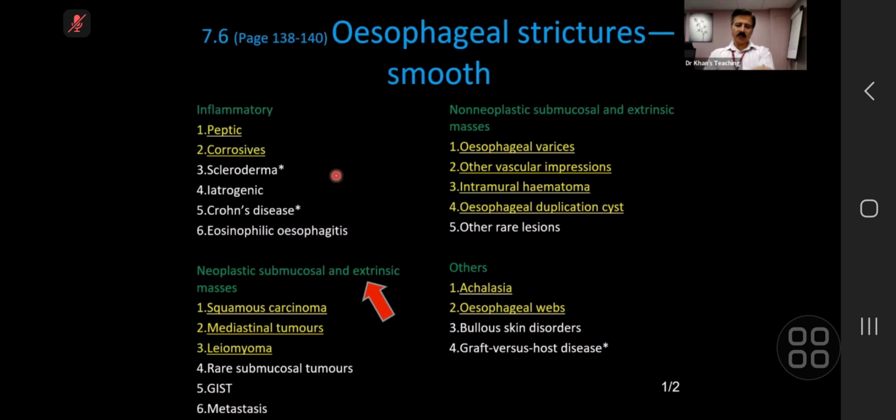So now, can I ask you, is this appearance for a benign stricture or a malignant stricture? Benign. Irony is that the esophagus, remember it like this, does not follow this principle. And look at the differential diagnosis here. Esophageal strictures, smooth. And you are absolutely right that there are many things in the smooth world which can cause smooth strictures. But irony is that malignant lesions can also cause smooth ones.